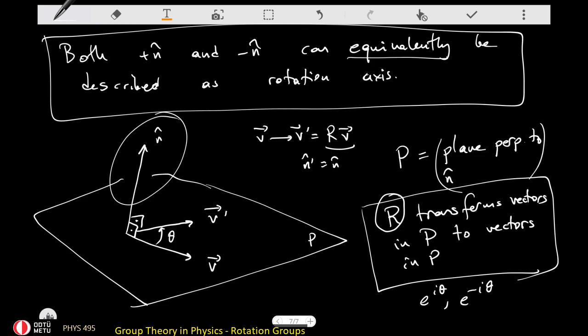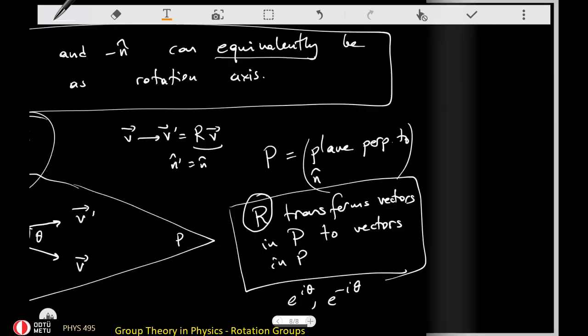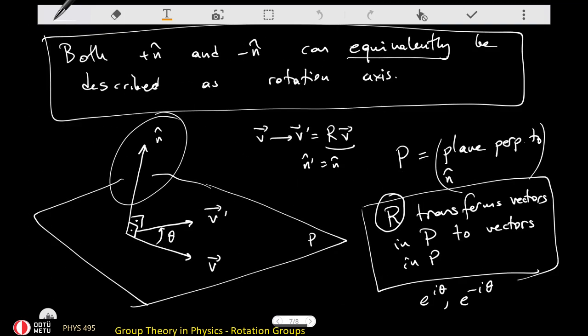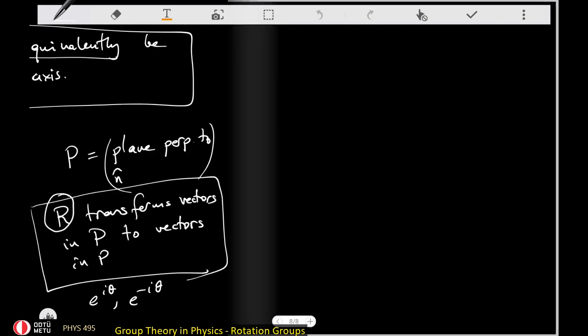Apart from that, what else can I say? I'm also going to talk about these directions.